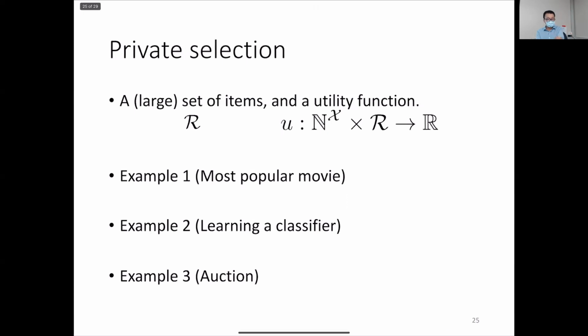All right, so the problem of private selection is one that we see all the time in practice. The problem setting is easy to state.